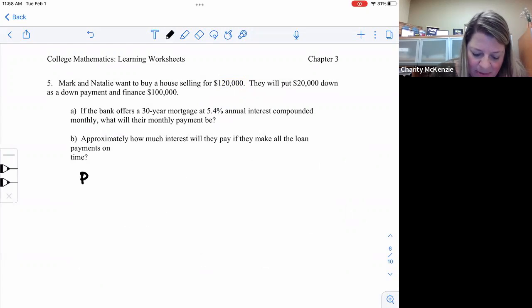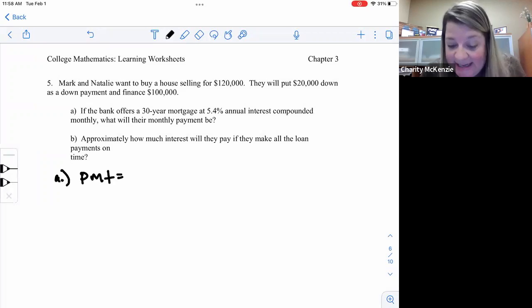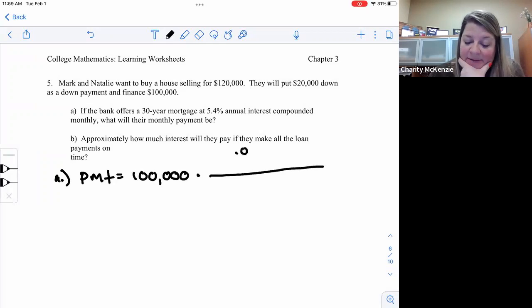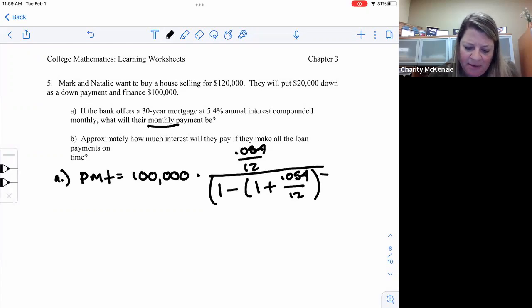So our payment, this is part A, is going to equal how much are we actually financing? We're financing 100,000, times, I'll do my prettier version here, 0.054 divided by 12, because this is monthly, over 1 minus the 1 plus 0.054 divided by 12 to the power of negative, is it a 30-year loan?